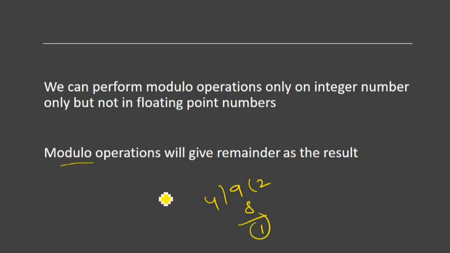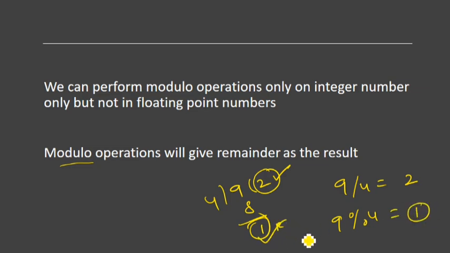The modulo operator will always give the remainder as the result. For example, 9 by 4, the answer is 2, because this is a division operation which gives the quotient as a result. 9 modulo 4 gives the remainder as the result, so the remainder is our output.